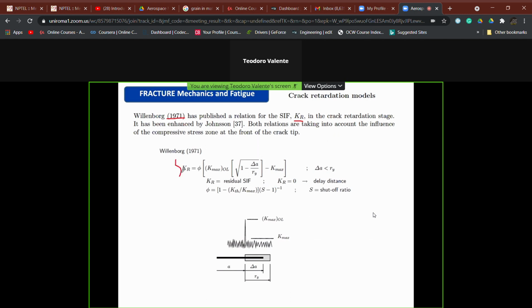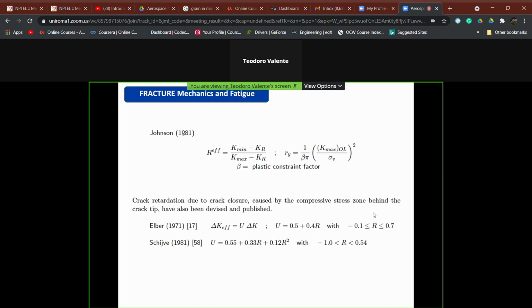This is one example, but we also have other examples, like Johnson, which was a refinement of the previous model, or others developed by other scientists, usable if some conditions are respected. Remember this meaning of R.